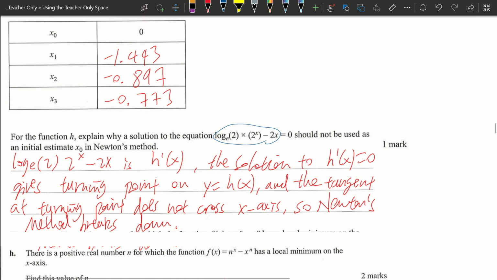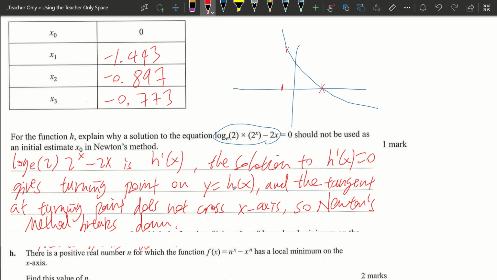Let me show you what I mean by that. First of all, please recall Newton's method is used to approximate the x-intercept. So you pick some x value that's not the answer.